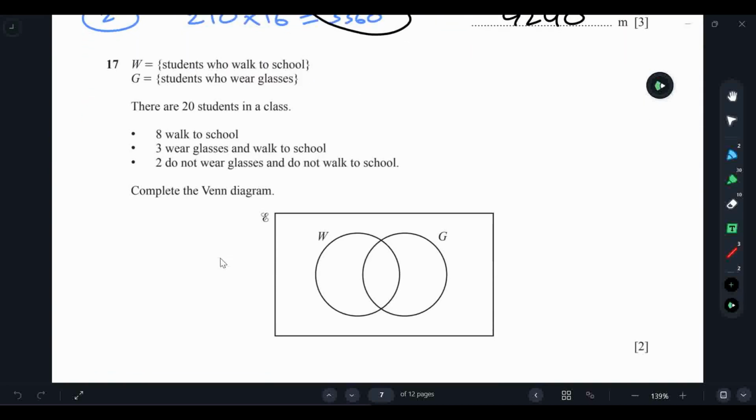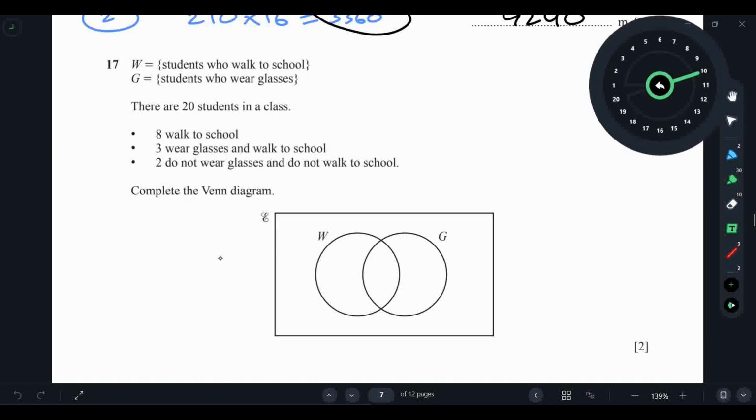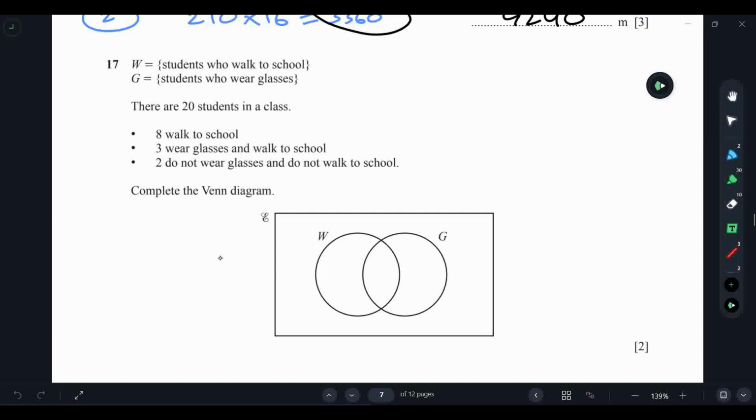Now in question number 17, they say W is students who walk to school, G is students who wear glasses. There are 20 students in a class. 8 walk to school. 3 wear glasses and 3 walk to school.